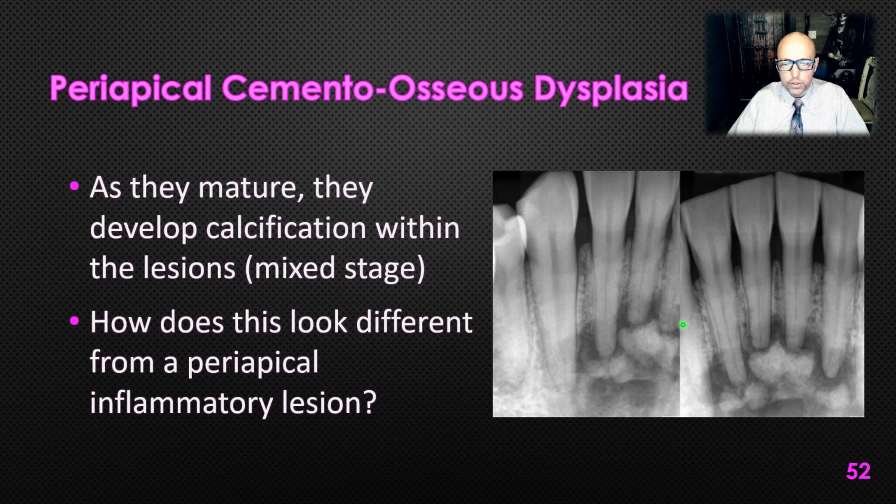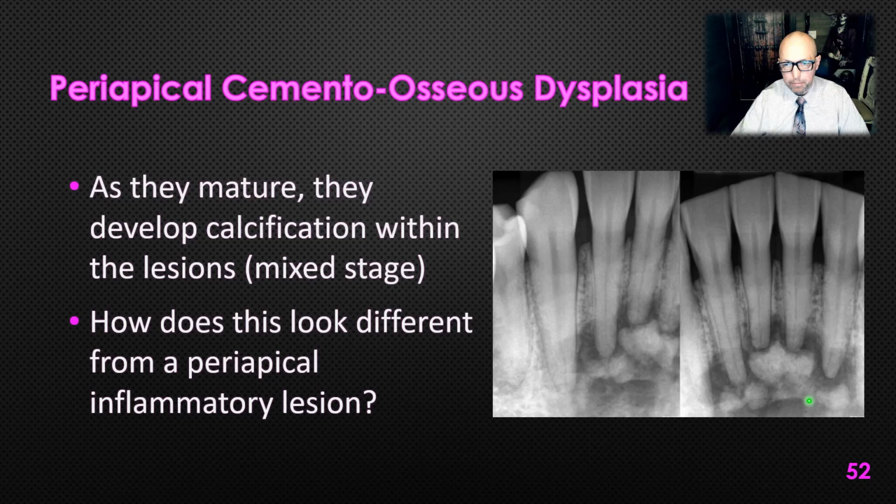And as they mature, you start to see this go on. You get this cloudy opacification, cloudy calcification. These are pretty dense. It may start as just very sparse granular calcification, and it comes from within the center of the lesion.